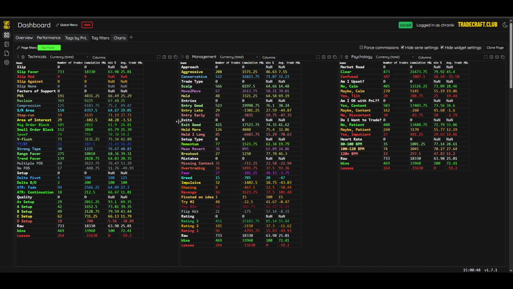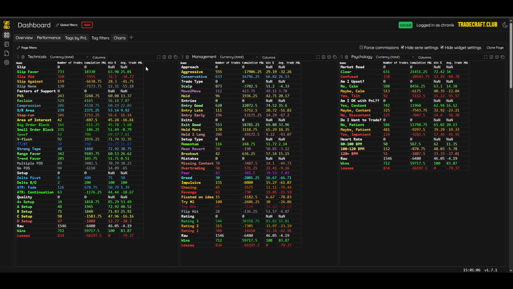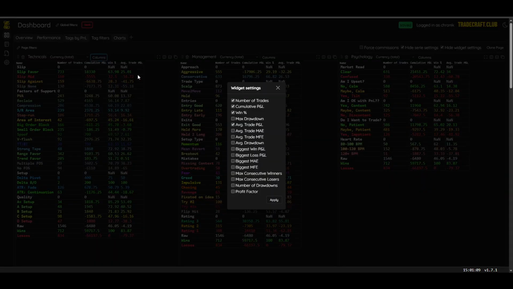So favor shimmies, when we look at this, I think you have the same tag groups, right? Yeah, with the shimmy, slip favor, slip against. Look at your average MAE and MFE. Right here.